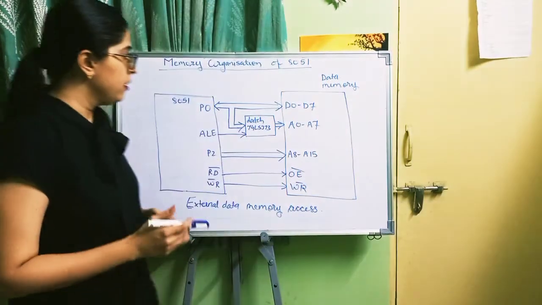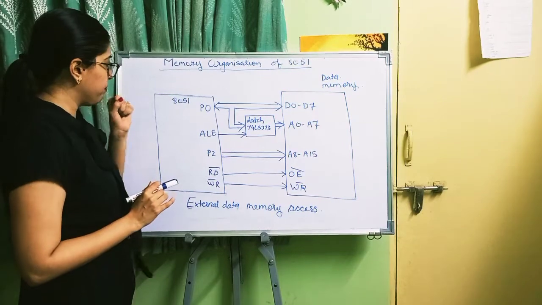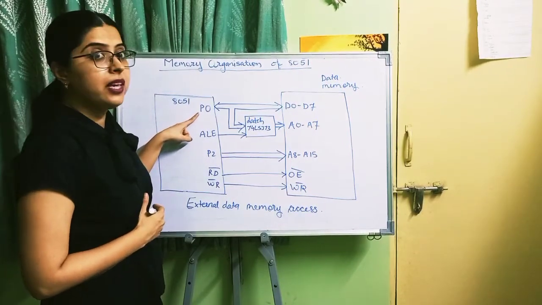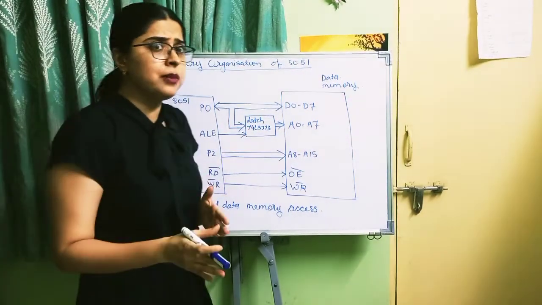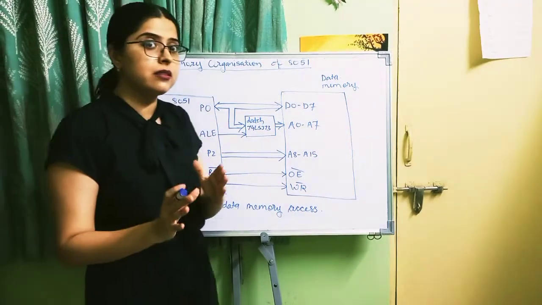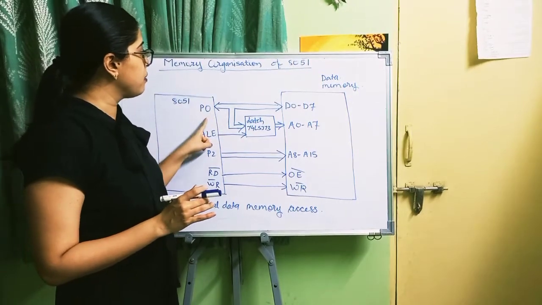So here you can see the diagram. Port 0 holds the contents of DPL, that is address A0 to A7. I have explained in the previous lecture that port 0 is a data address multiplexed bus. It can be used as a data bus, and it can be used as an address bus.